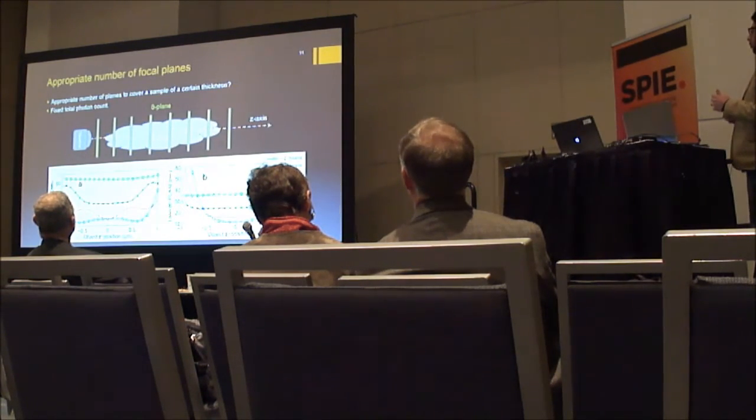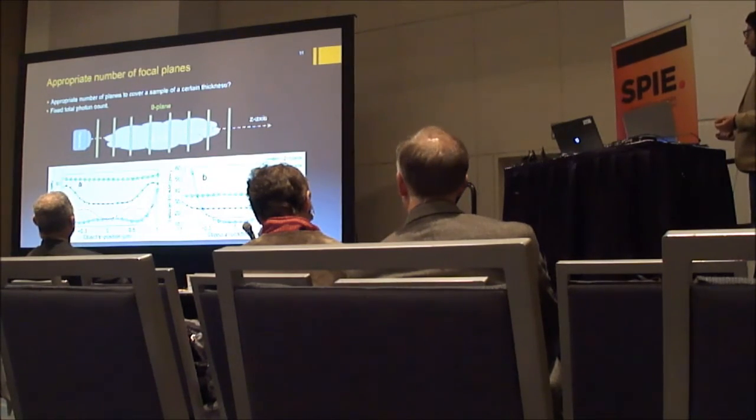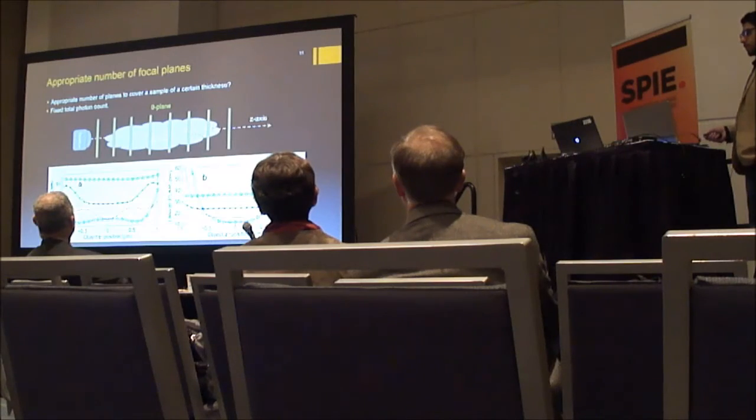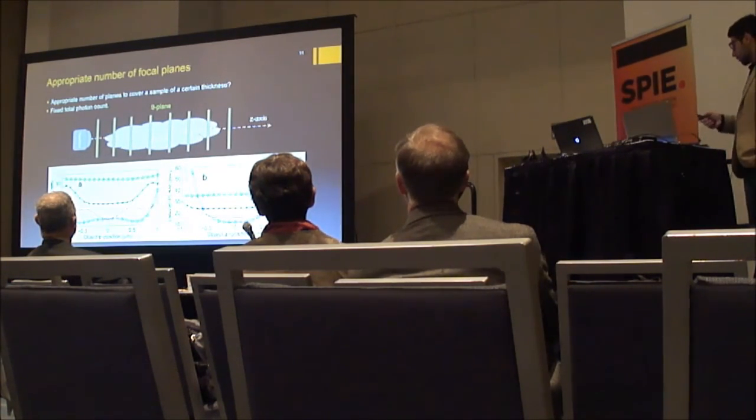So what is the appropriate number of planes? It actually really depends on the application. If you are interested in a very flat localization accuracy, we pick a large number of planes, but in order to compensate for the large numerical values here, we need to, for example, collect more photons. And for other experiments where we need to have very good accuracy for a specific region in the sample, we go with a smaller number of focal planes.